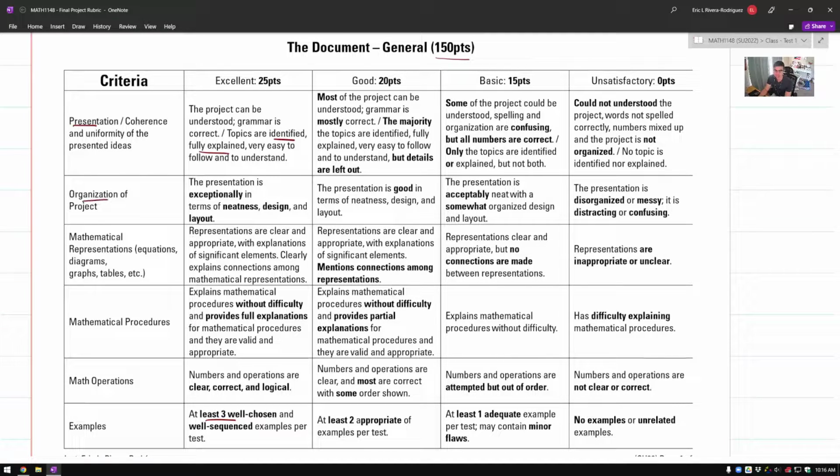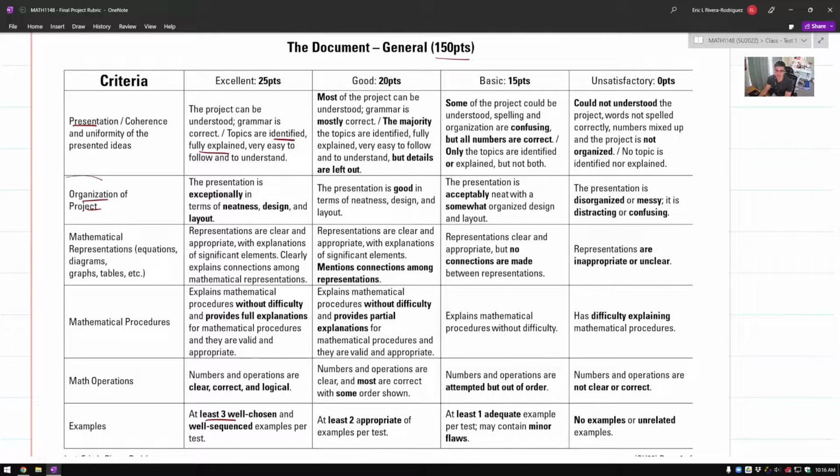There should be an organization in the project. You can think of this as how friendly the project is. If I start seeing your design, the way that you have written and constructed your project, is that going to affect the way I understand what you wrote there?